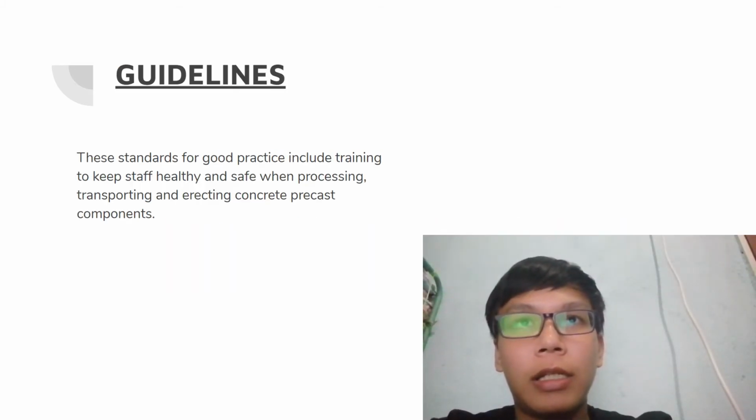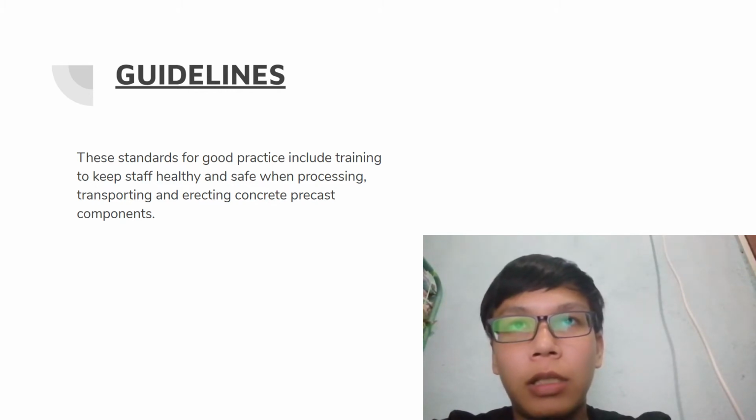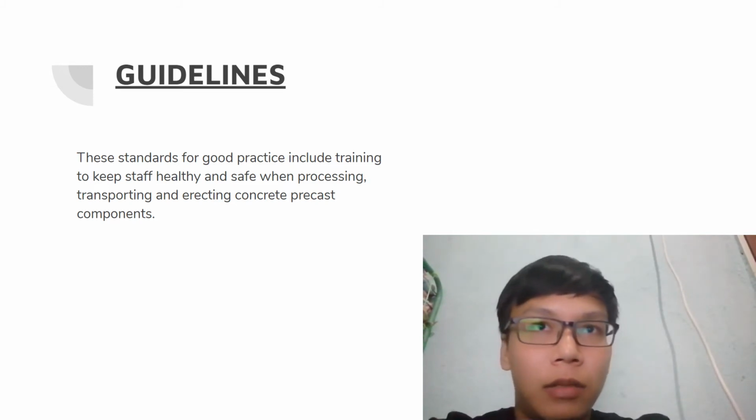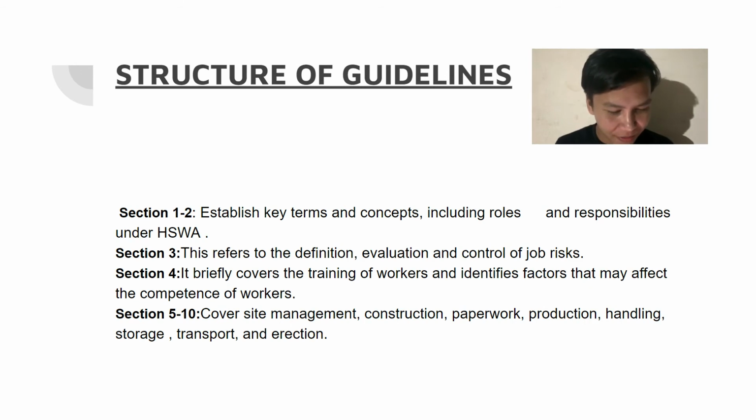Guidelines. The standards for good practice include training to keep staff healthy and safe when processing, transporting and erecting concrete precast components. Structure of guidelines. Sections 1 and 2 establish key terms and concepts, including roles and responsibilities under HSWA.